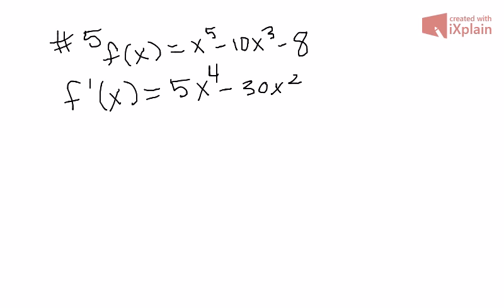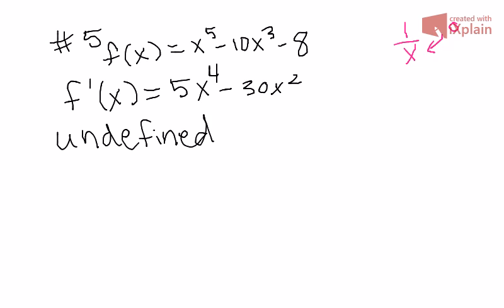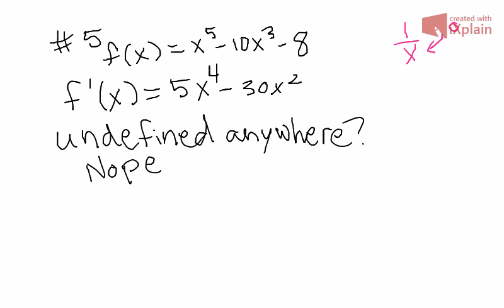So if you had 1 over x, if x were to equal 0, then it'd be undefined because you can't have 0 in the denominator, or else the function is undefined. This one is not one of those.